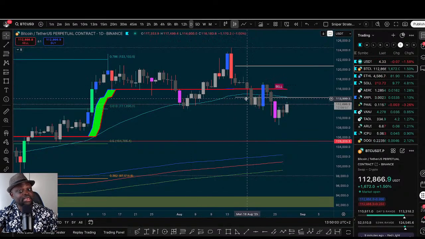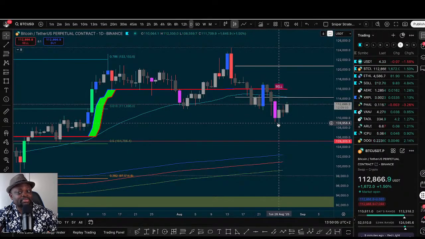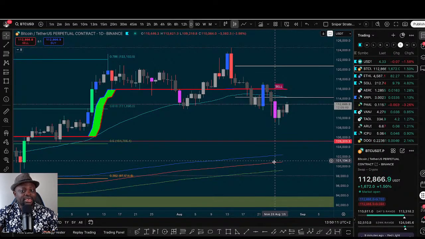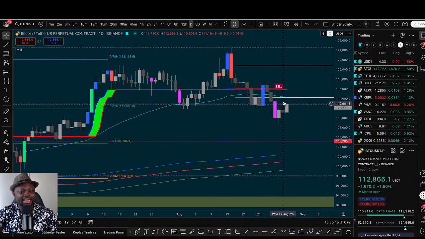And this could mean it's a fee down here, and the target might be the moving average here, on the daily time frame. And I'm going to confirm this only when I see Bitcoin not able to break and close above the 50-day moving average on the daily time frame.